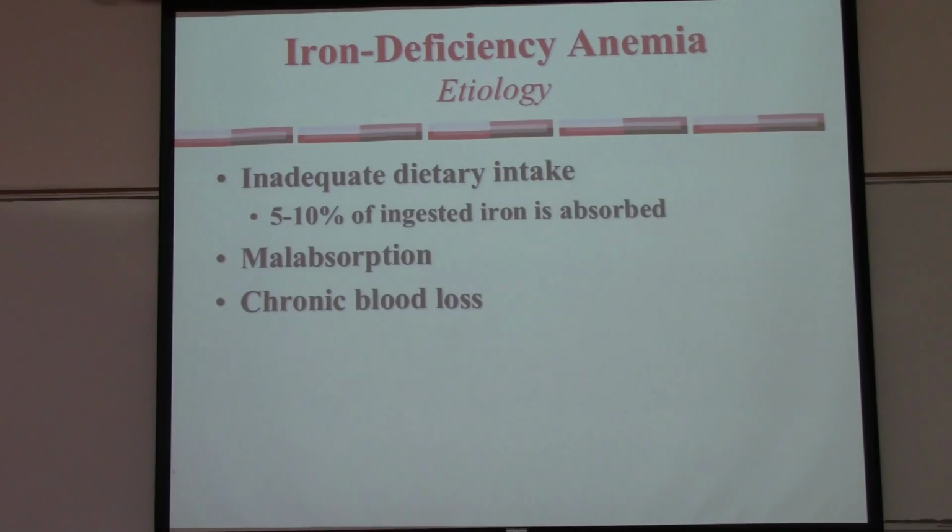So if you lose 2 to 4 mils a day of abnormal blood loss, that's not much, right? You'll never see that in the stool. That can result in an iron deficiency anemia if it's happening every single day, because the iron that's lost exceeds what is provided in the diet.